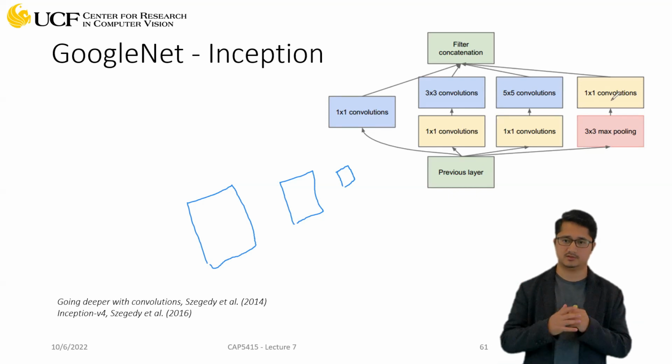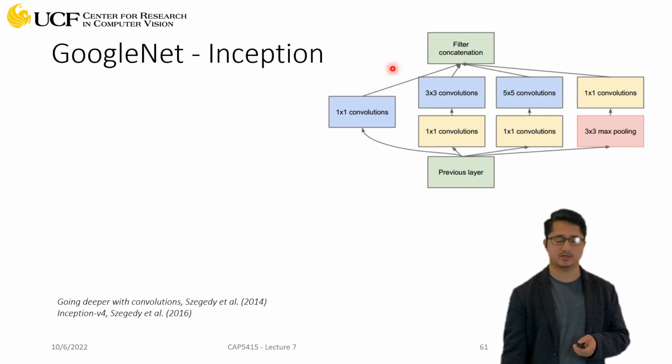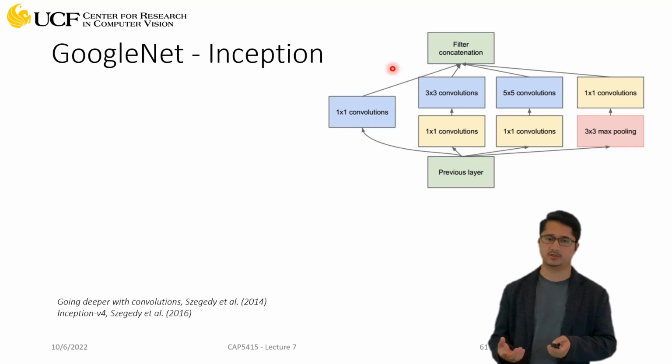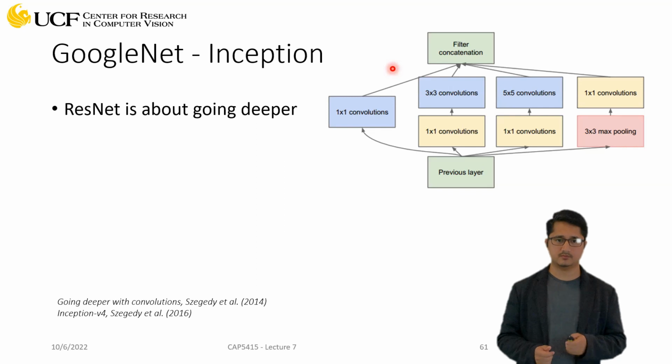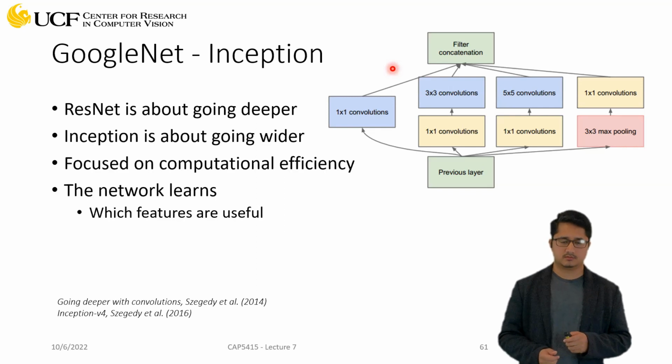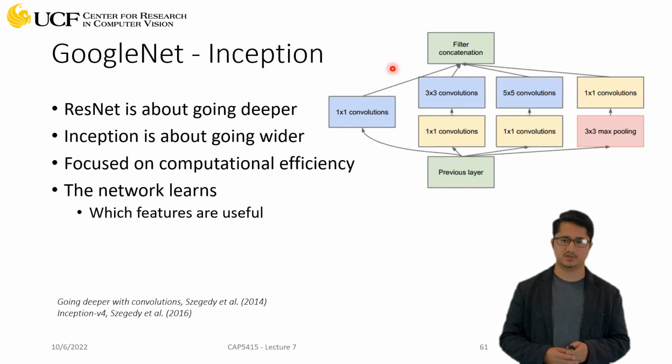So these are different variations, and you do all of these in a single layer. Okay, so as I said, the ResNets were trying to focus on deeper networks, and InceptionNet is trying to create wider networks to be invariant to those scale changes. This kind of architecture is more efficient as well.